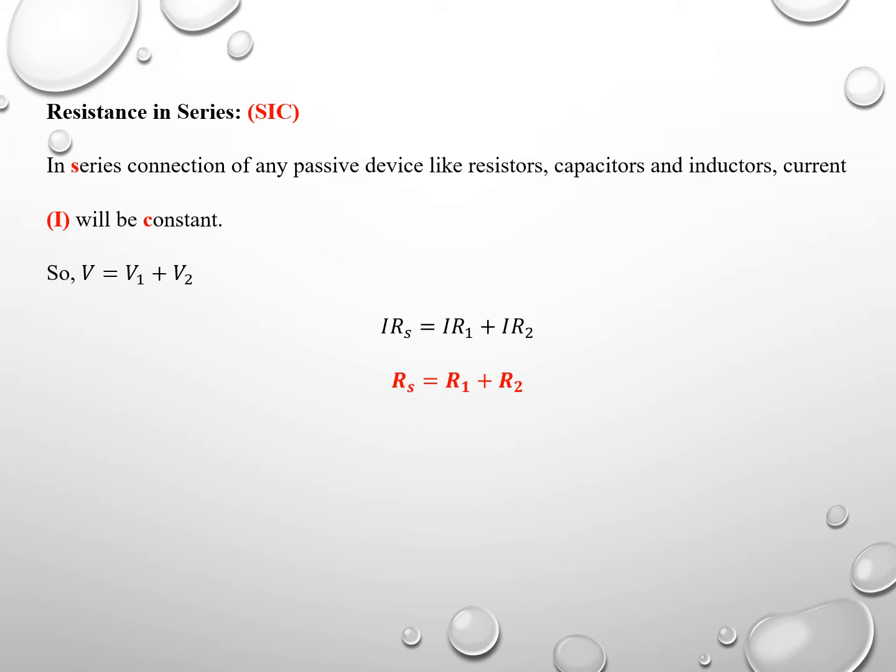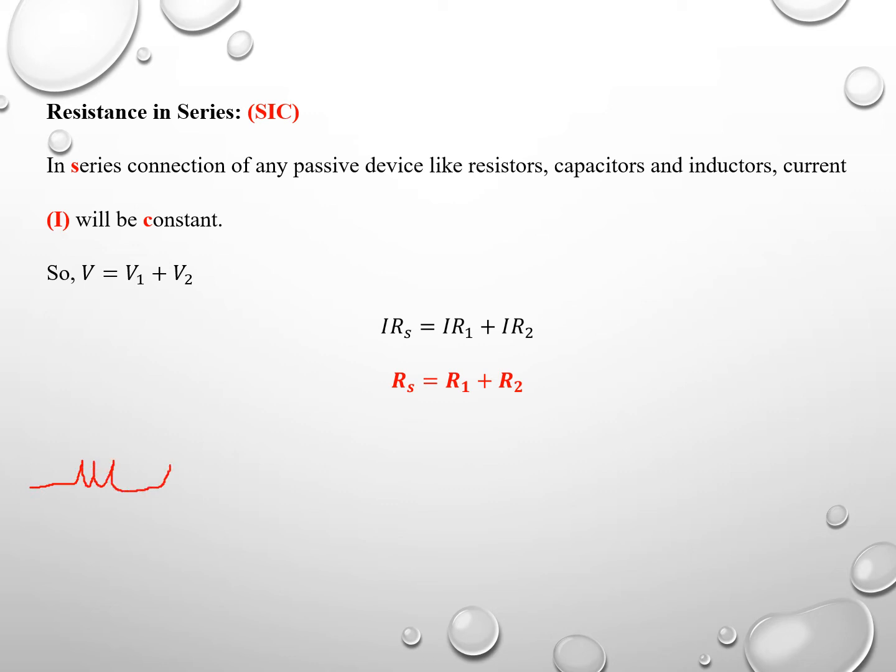So let's come back to here. Whenever we are connecting them in series, let's take the case of resistors. I'm considering two resistors, 1 and 2. Sorry for my diagram, let me do it again.